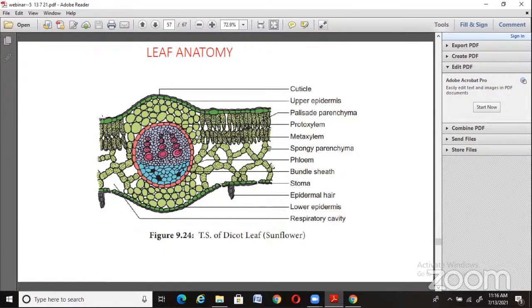So these are the upper epidermal cells, and here and there stomata are arranged, and these light color cells are mesophyll cells, palisade cells, and these are spongy cells.